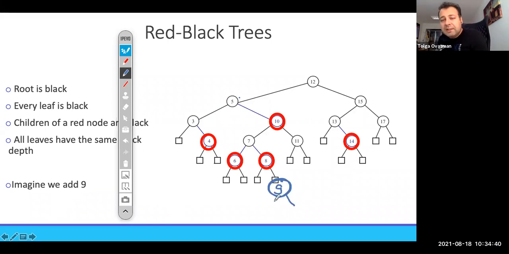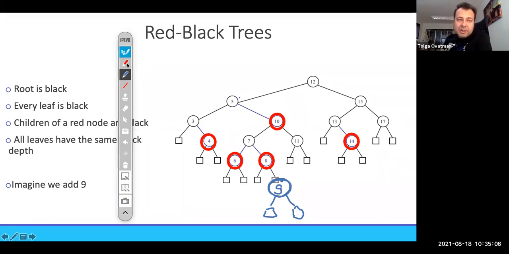Now, if you look at this, there are two possibilities. If I add this one as a red node, then the red's child will be red, which is not allowed. So this should be a black node. But then if I add it as a black node, let's count how many black nodes I have starting from here.